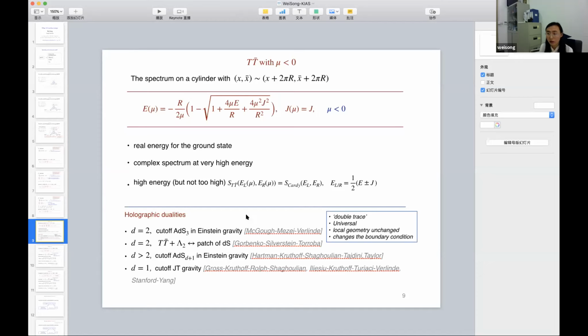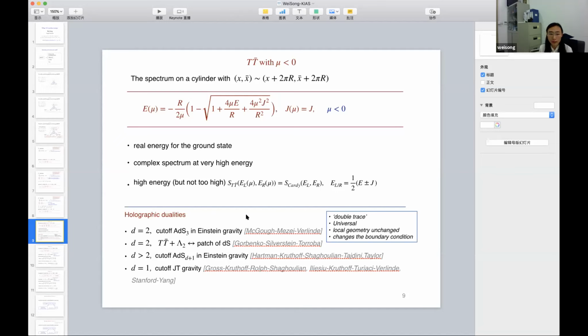You can also understand TTbar as imposing some boundary condition on the gravitons.